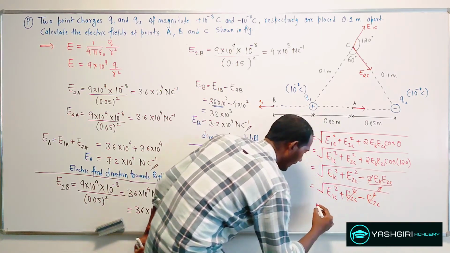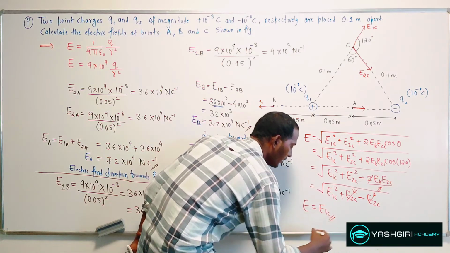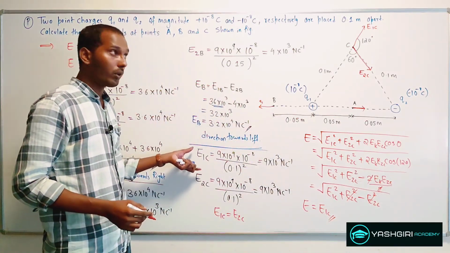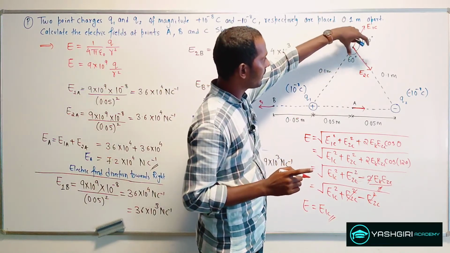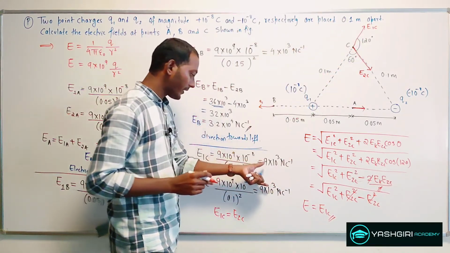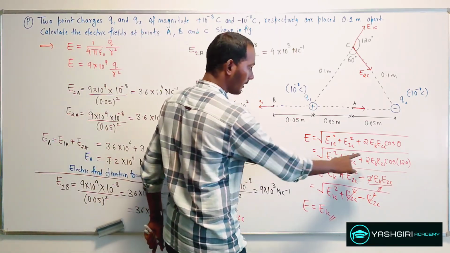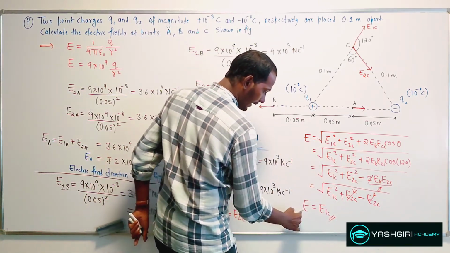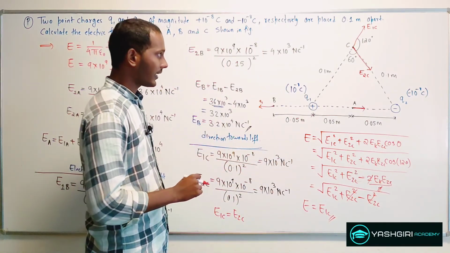This will get cancelled and the resultant you will get is just E1C. So the point to note is that when you have two vectors having the same magnitude, then the resultant for theta equal to 120 degrees is the same. So the resultant is the same.